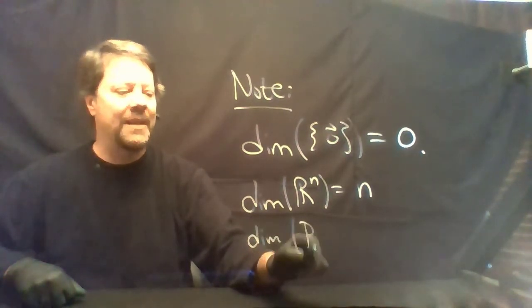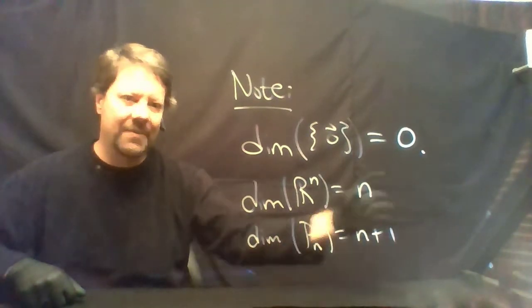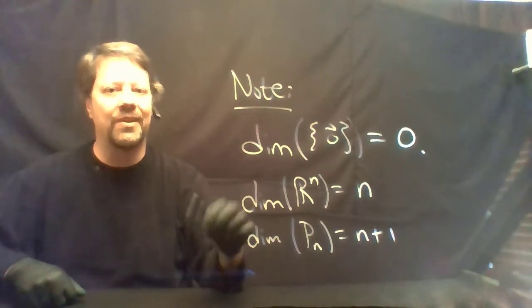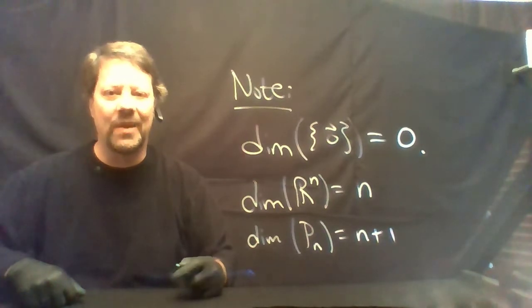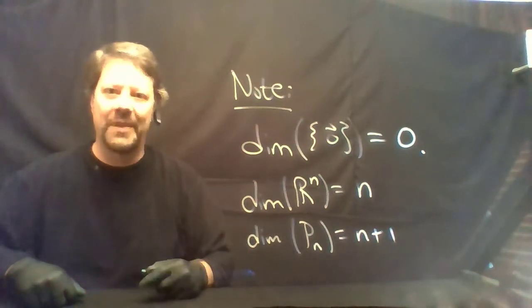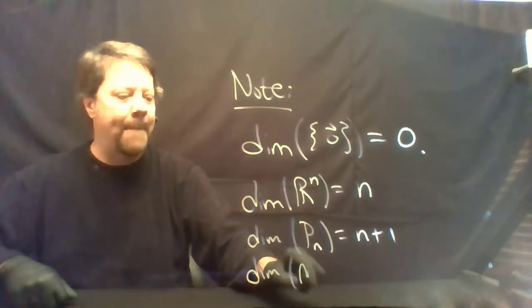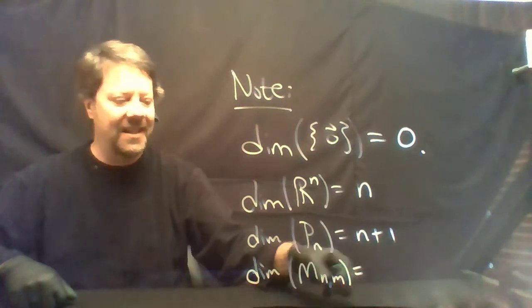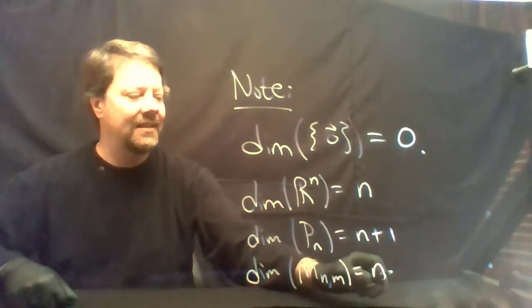The dimension of Pn is n plus 1. Yes, you go all the way up to x^n in a basis, but you start at 1, which is x to the power 0. You have that extra term, so you get n plus 1 elements in a basis for Pn. What about the dimension of M_n,m, the set of n by m matrices? Well, that's n times m.